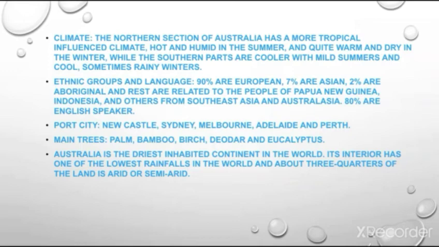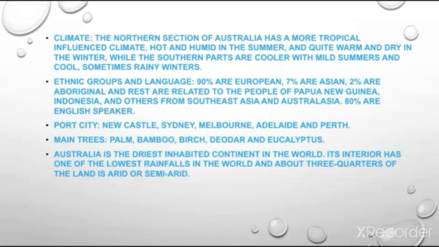Climate. As we saw, the Tropic of Capricorn passes through Australia. The northern part of Australia is very hot and humid in the summer, and the southern part of Australia has cooler, milder summers, and sometimes rainy winters.